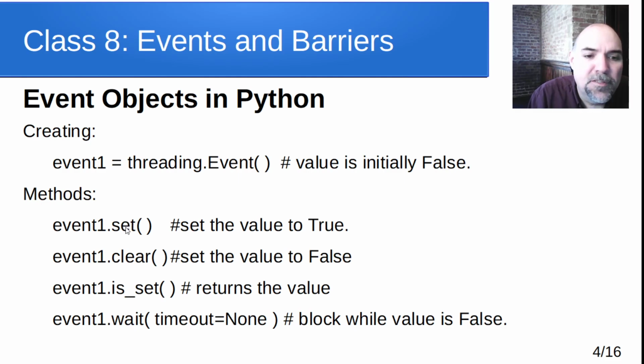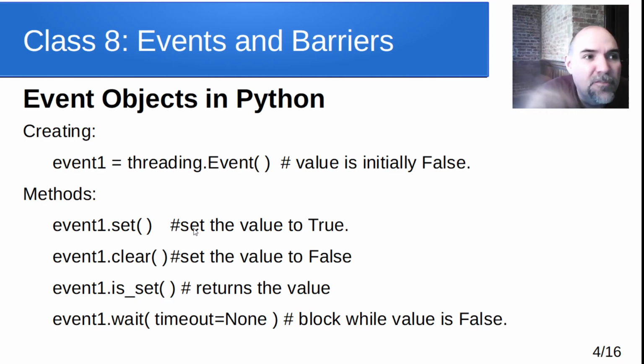Essentially, set raises the value of that event's internal flag to 1, to true. Clear sets it back to false. It's important to note that when you first create one of these events, it's initially false, so it's not set initially. When you create it, think about it as you initialize the variable to 0. And then when you do a set, it raises it to 1, or true. And when you clear it, it goes back to 0.